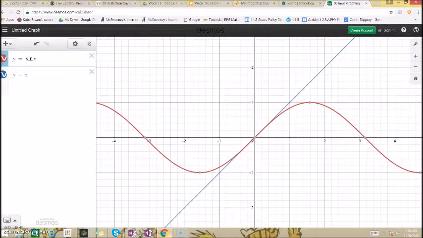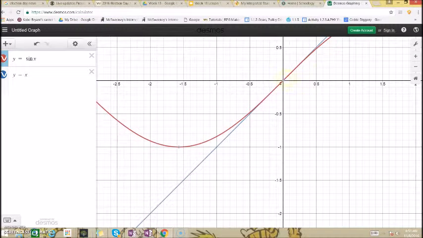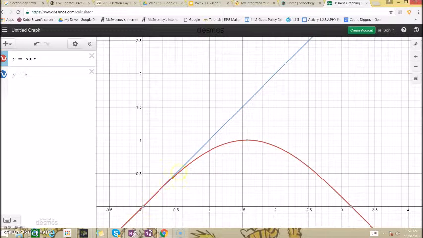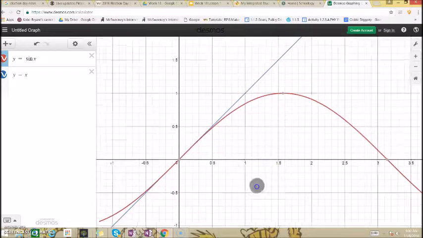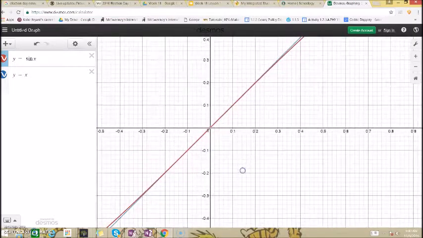So as you can see by the graph of y equals x and y equals sine of x, for values of x less than 0, y equals x is an under approximation of y equals sine of x, literally under the graph. And then for values of x greater than 0, y equals x is an over approximation for the graph y equals sine of x. And as you get closer and closer to 0, they start looking the same.